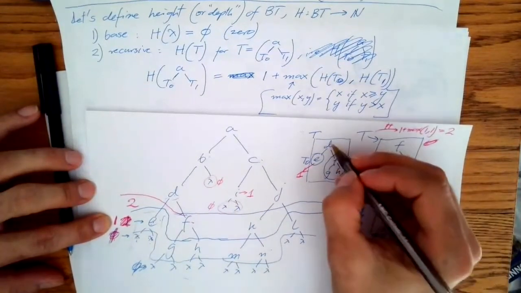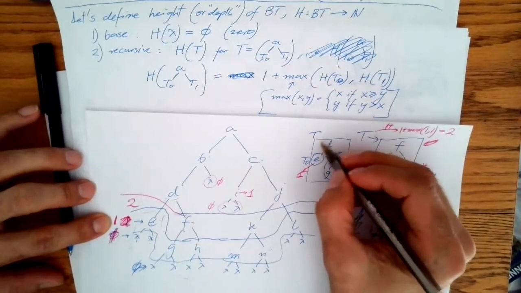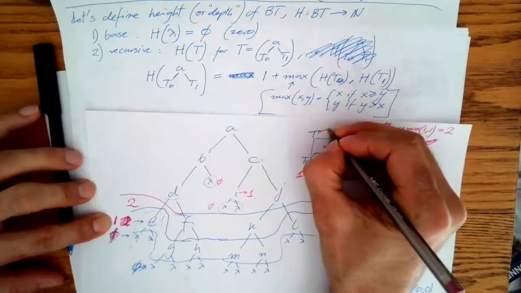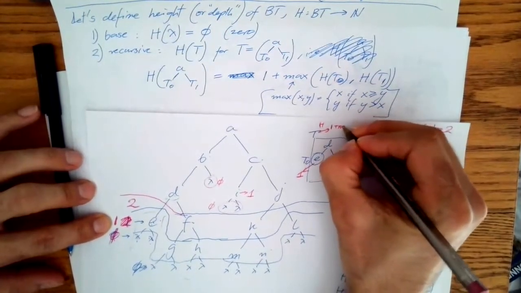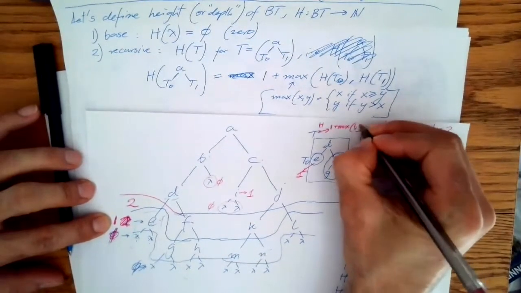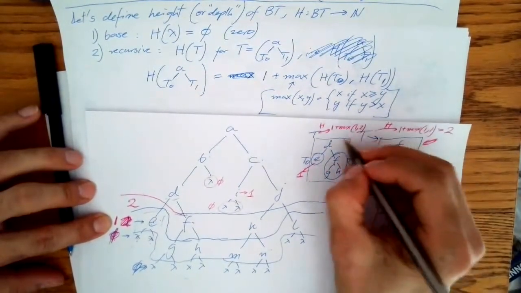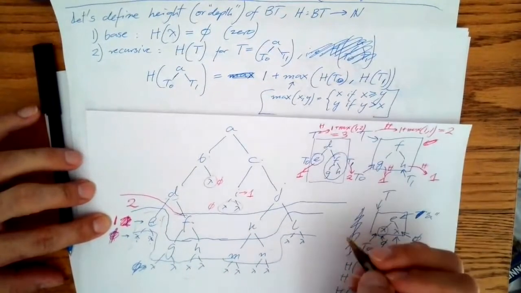So what will the height function assign to this whole thing? It will assign 1 plus the max of 1 and 2, which is 2. So therefore, this is 3.